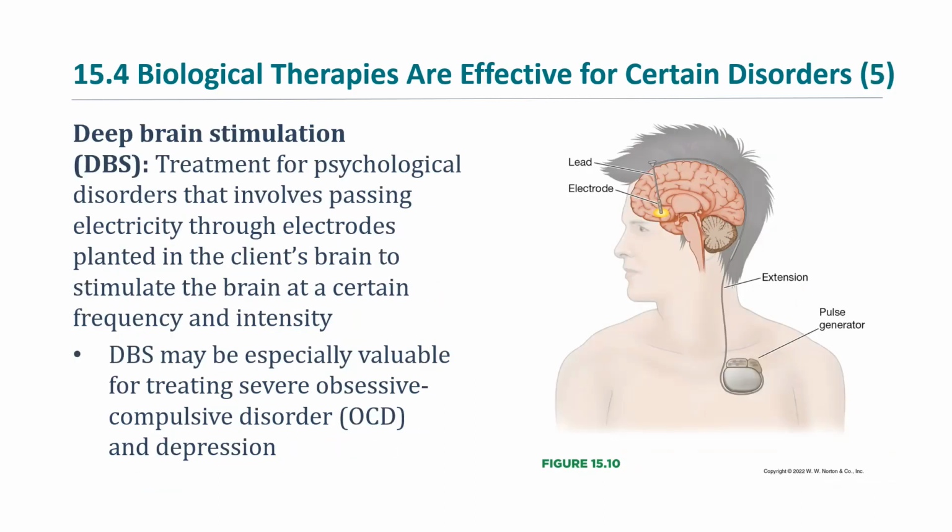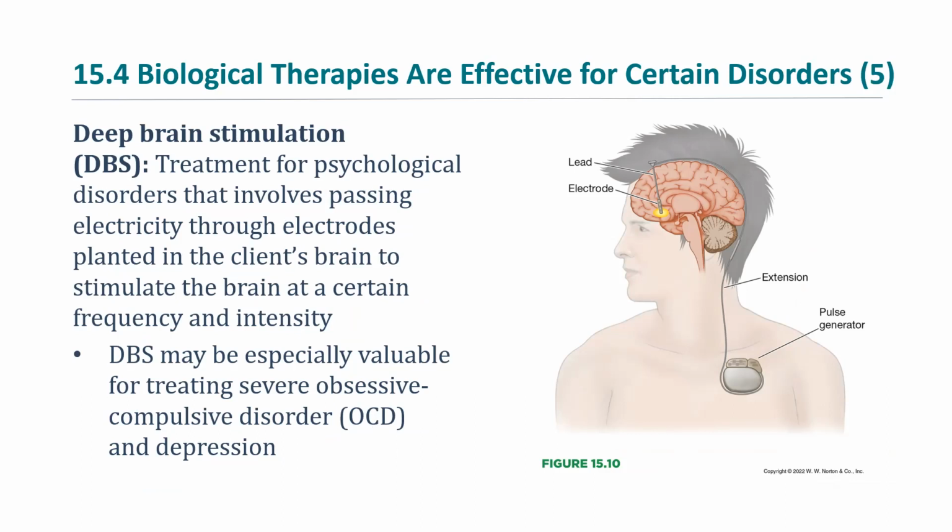And finally, the third alternate treatment is called deep brain stimulation, or DBS. This is a surgical procedure that involves implanting electrodes in the brain, which then send electrical impulses to specific brain targets.